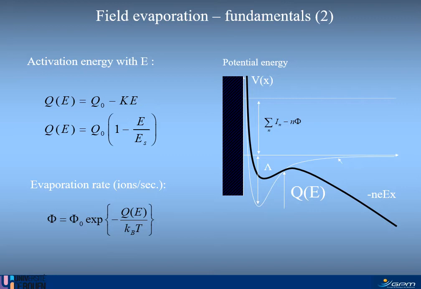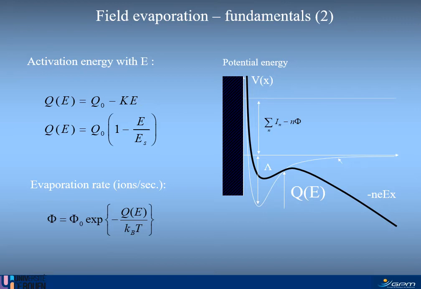So clearly, ES is the threshold, the evaporation field, for which Q of E is equal to 0. Now, if you try to write the evaporation rate, this evaporation rate is proportional to this Boltzmann factor, depending on this barrier, Q of E. You can see that when you have an electric field E equal to the threshold, the evaporation field, Q of E is equal to 0, so here phi is equal to phi 0.